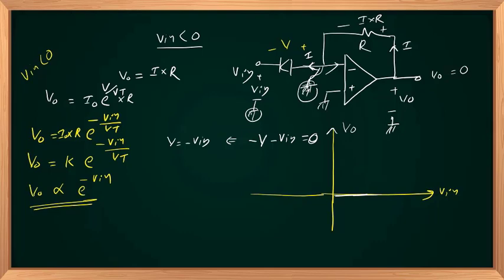Right. If you are changing the direction of the diode, the only change is now V will become V in, and if V in is negative, your diode will be off, V out equal to 0.